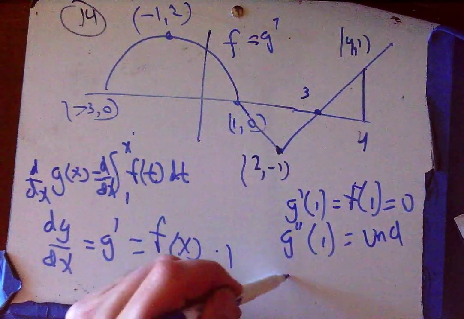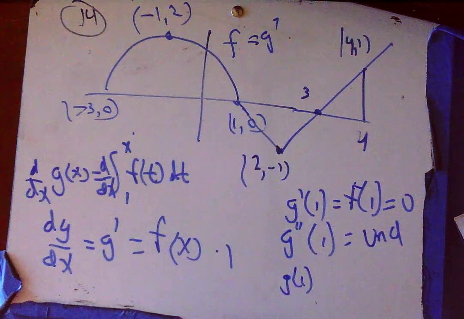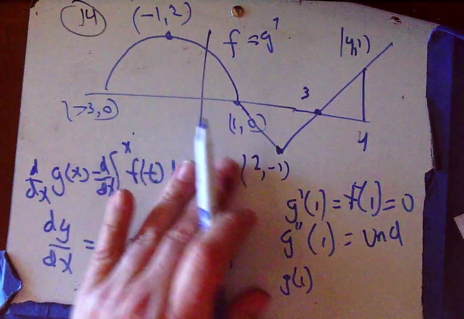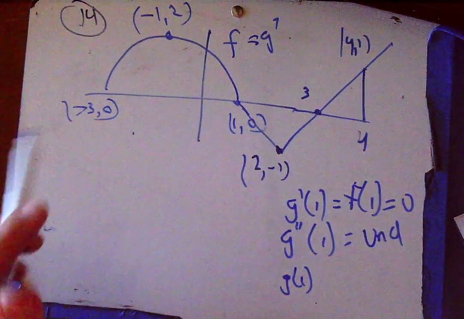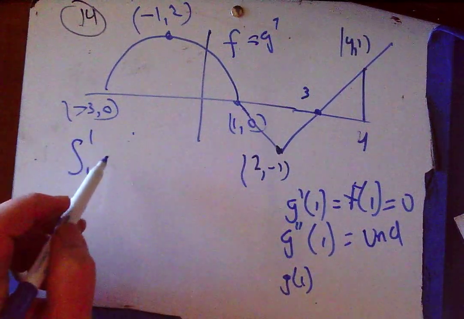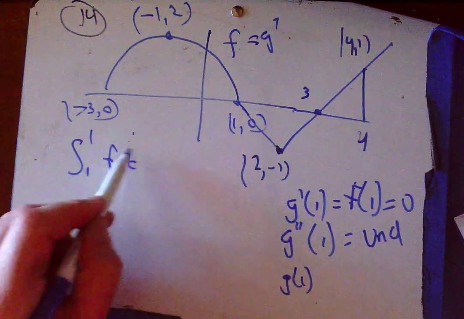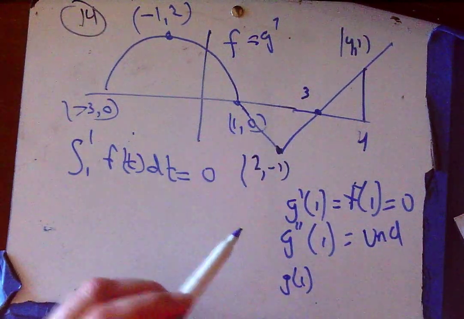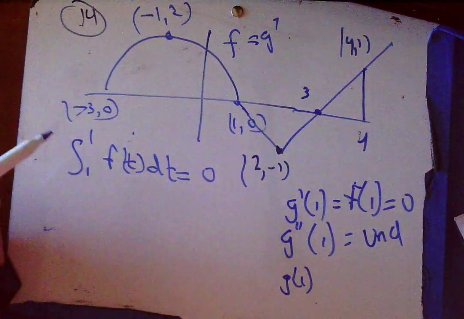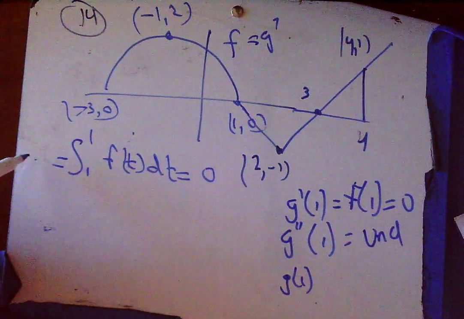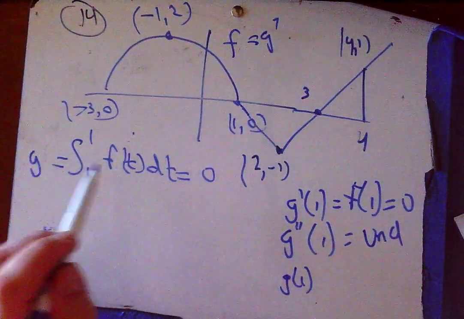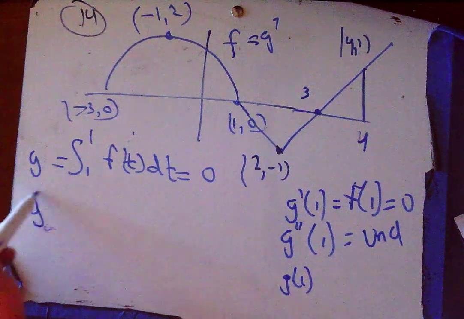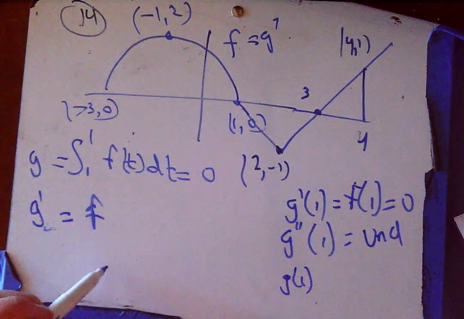Now, what about g of 1? Well, I know that the integral from 1 to 1 of t dt is 0. And we said that g prime is f.